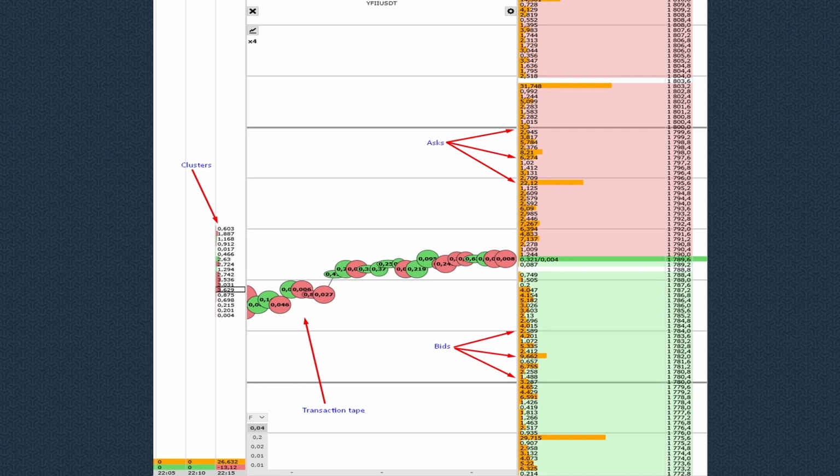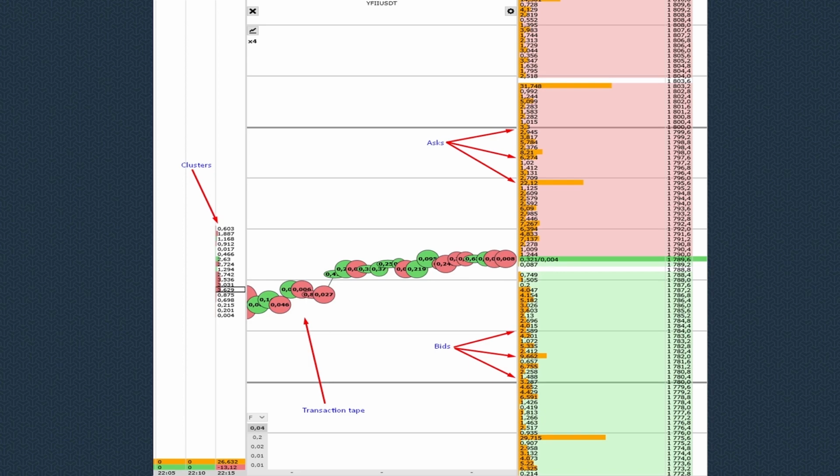Buying orders are displayed in green. Red depicts selling trades. When you're analyzing the situation, it's not enough to look only at volumes in the limit part of the order book. It's necessary to understand who is stronger right now, the buyer or the seller. And the transaction tape can help you with that.